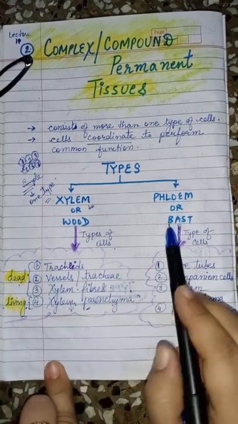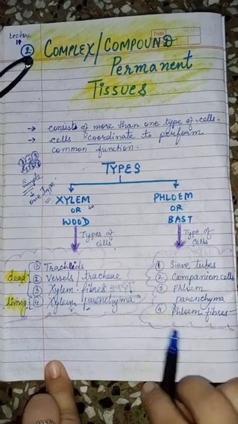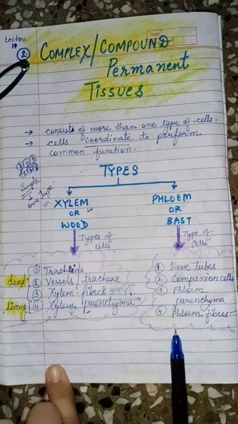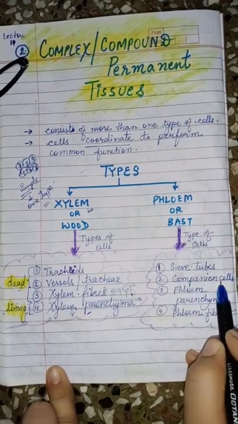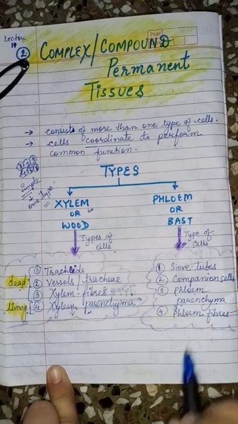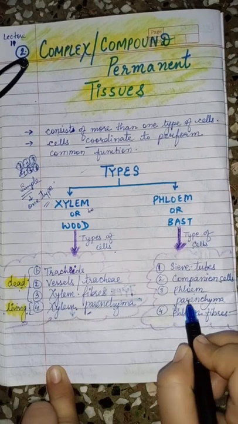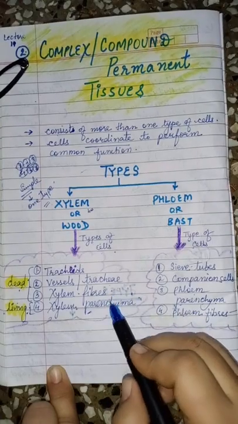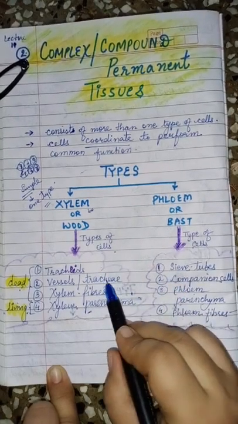Okay, next phloem type of cells. Again 4 type of cells, that is sieve tubes, companion cells, phloem parenchyma and phloem fibers. So here we will discuss like parenchyma and fibers are common in both, so you have to learn these two different.